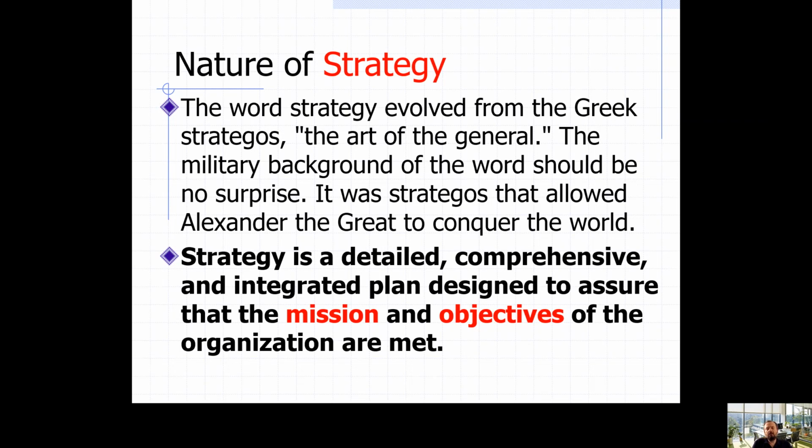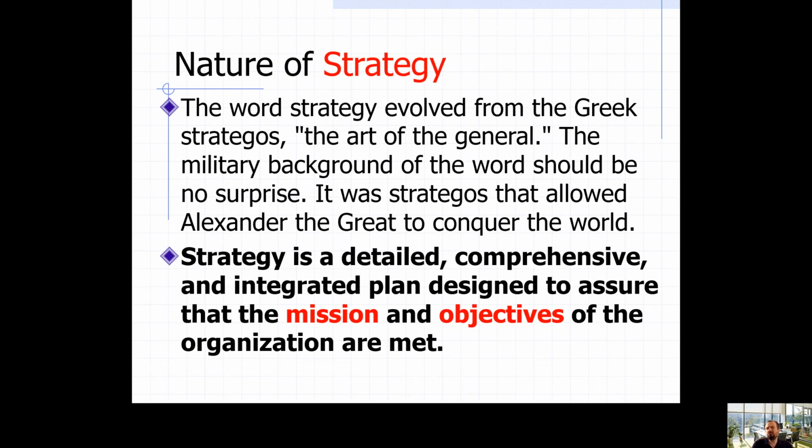Generally, as I told you, the result of planning function is general plan, and in strategic management and generally in management, we call this plan strategy. The answer to the question, what is strategy?